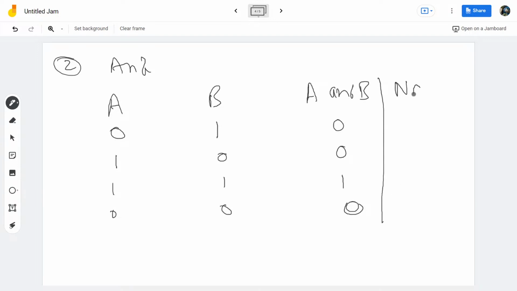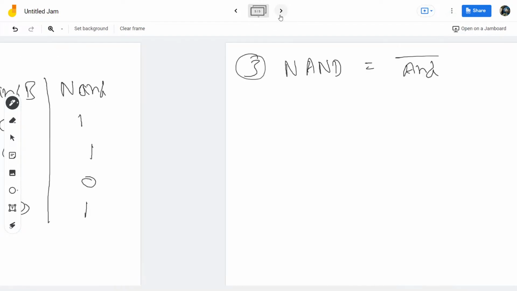Okay, so the NAND operation. So NAND of this A and B is 1. So the complement of this only. The complement of 0 is 1. The complement of 1 is 0, and the complement of 0 is 1. So this was about the NAND.